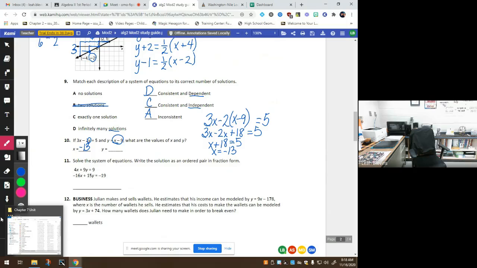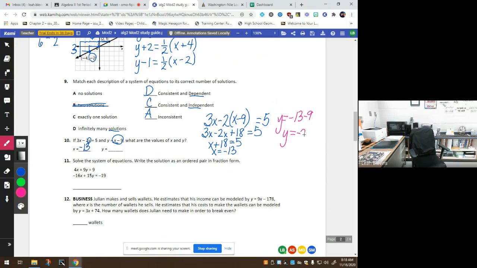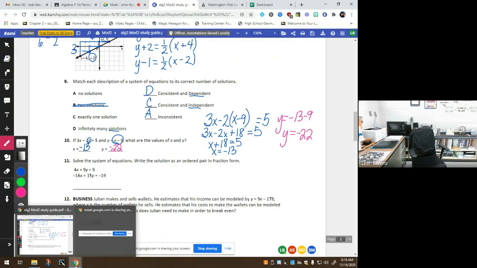Plug it in, plug it in. Y equals negative 13 minus 9. Am I too hyper for a Monday? That would be what, negative 22? Same sign, add and keep the sign. Very good. I taught you something.